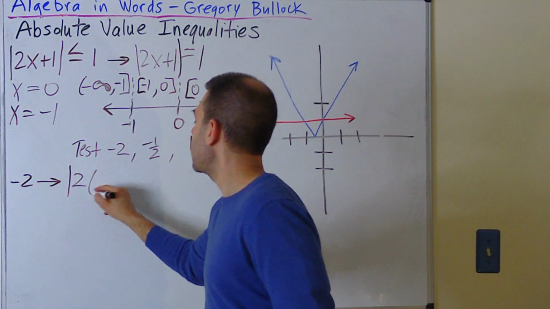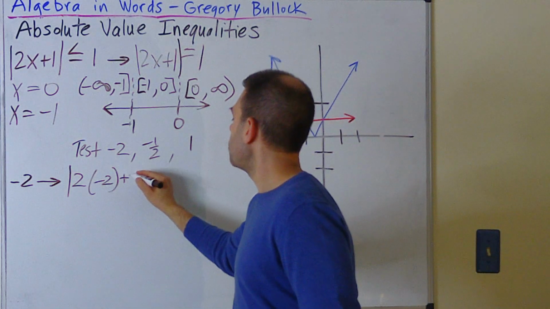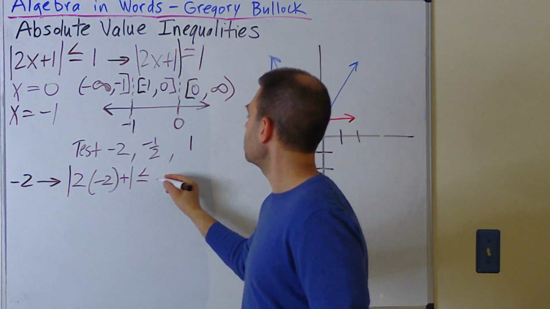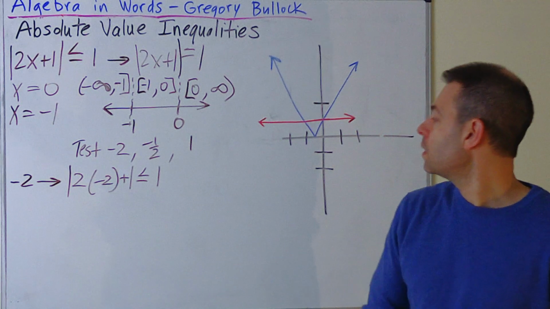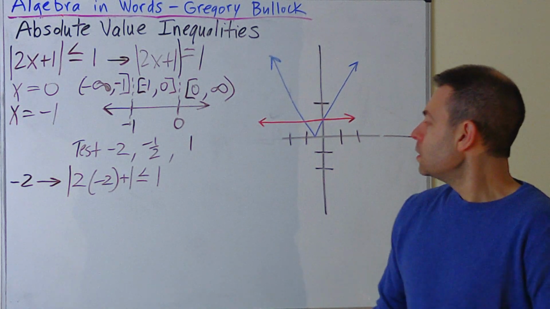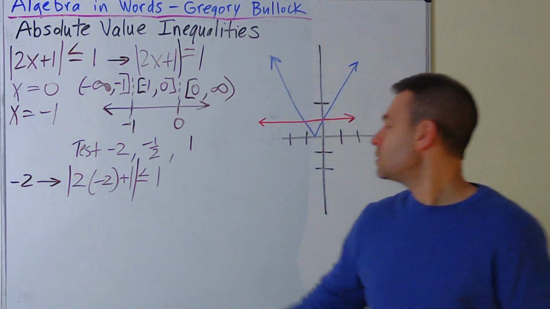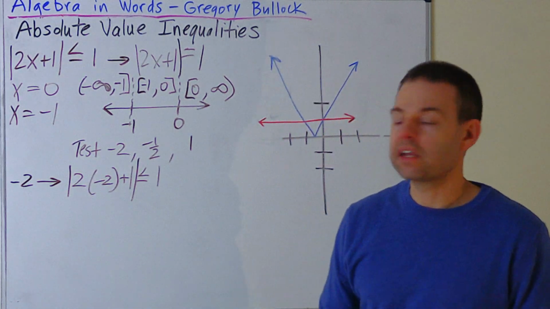So the absolute value of 2 times -2 in for x plus 1 is less than or equal to 1. And two times -2 is -4.